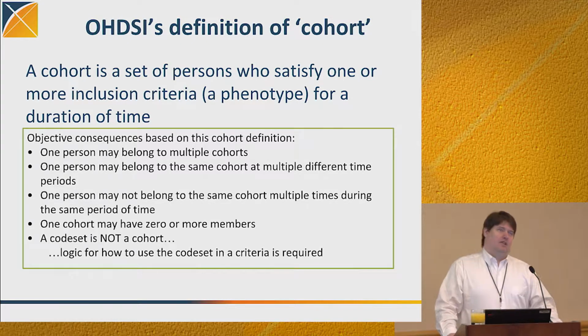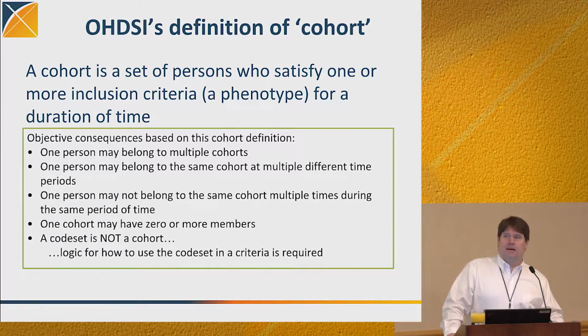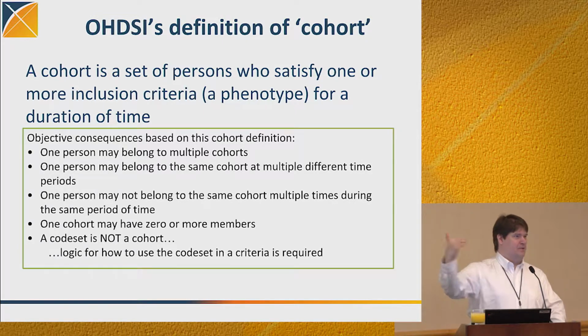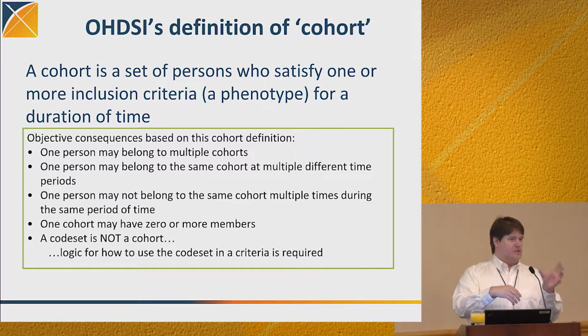This is a little bit hard to imagine, but if you think of a cohort as like entering a room, you can't enter the room after you're in the room. So from a data representation perspective, if you're in it for the first half of the year, you don't have another record saying, oh, and I entered the first quarter of the year.